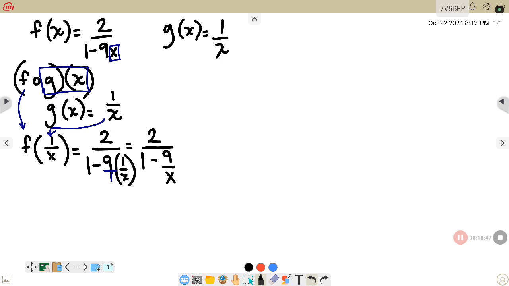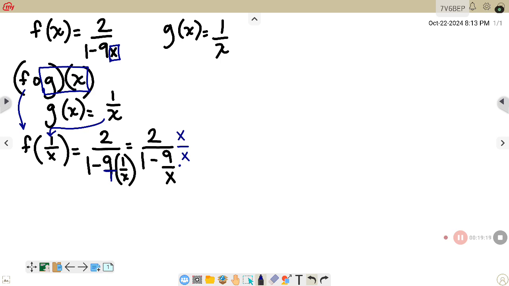So this fraction is too complicated because there is a smaller fraction within a larger fraction. To fix that, I am going to look at this fraction 9 over x. I'm going to multiply the numerator and the denominator by that denominator of the smaller fraction, which is x.